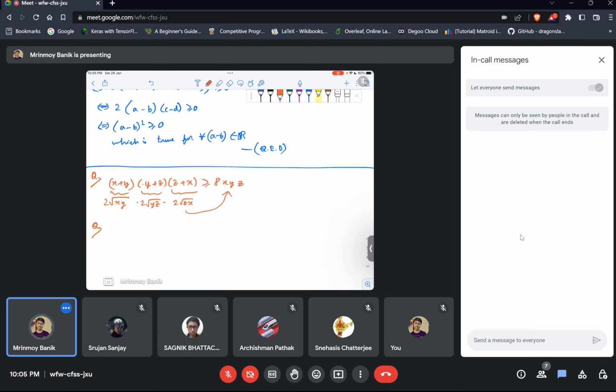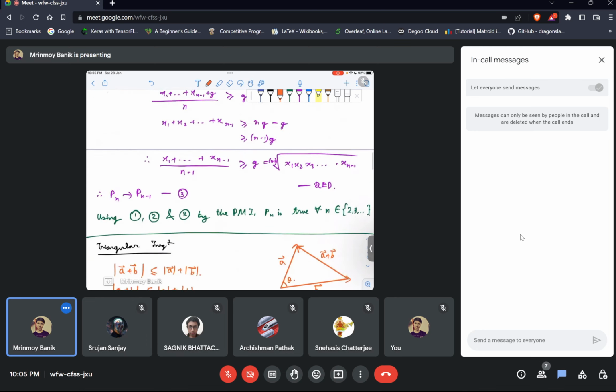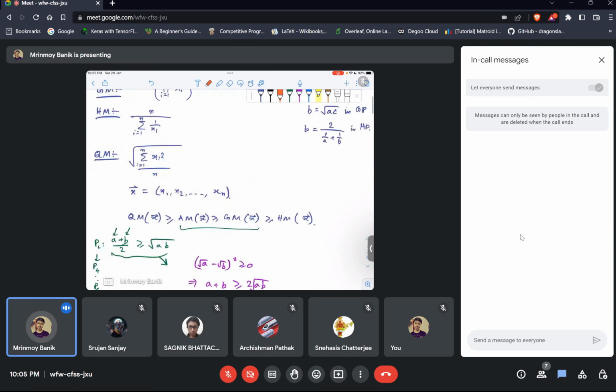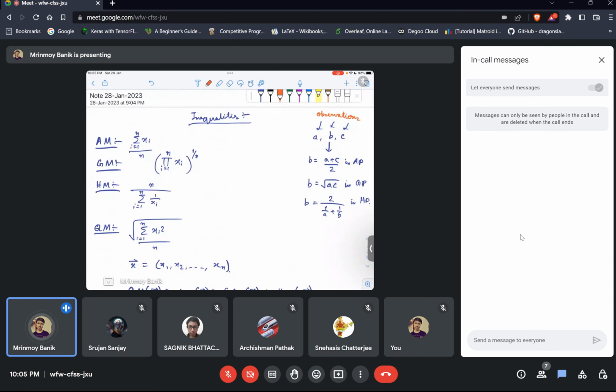Next, suppose we have... oh, by the way, for AM-GM, there is an additional condition. I forgot to mention: the x_i's need to be positive. We need to be in R plus. Keep this in mind.